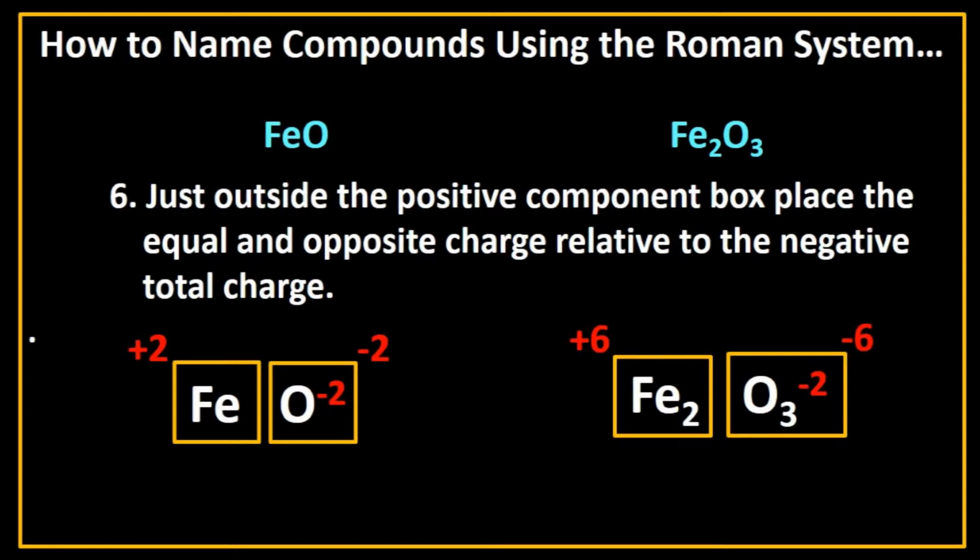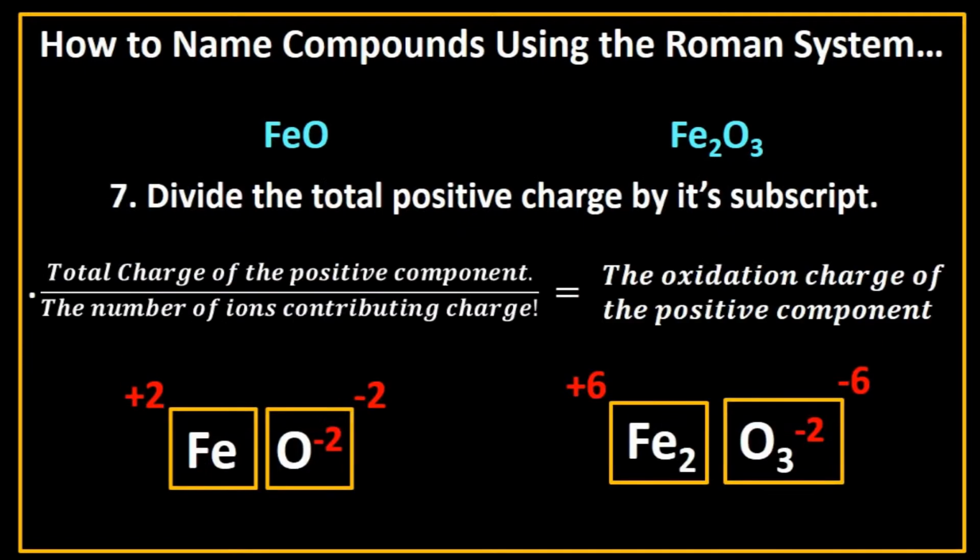And in the case of Fe2O3, that'll be +6. So now you see the symmetry. Now you want to take the total positive charge and divide it by its subscript. Total charge of the positive component divided by the number of ions contributing to that charge gives you the oxidation charge of the positive component.